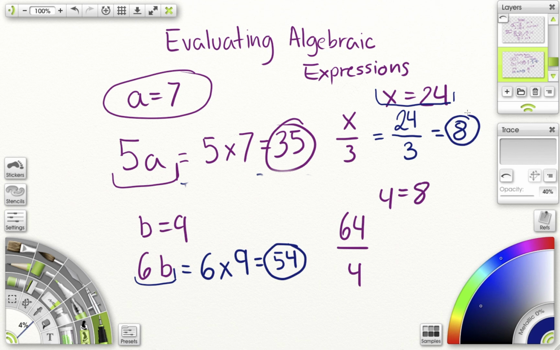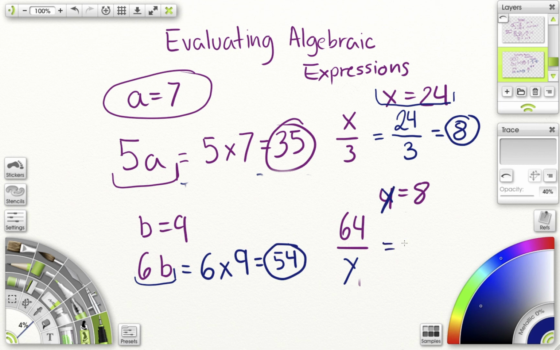And there we go. Now let's do our last one. This is not a 4, it's a y. That's in fact a y, not a 4. All right, so I have 64 divided by y. We know y is equal to 8.